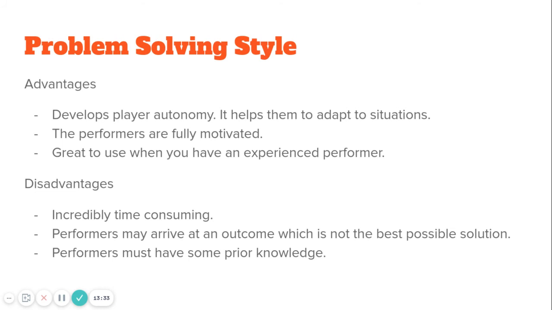And it might mean that in the short term, they'll get found out. So you need to make sure that the fundamentals, the foundations of knowledge are there before you really go into problem solving. Performers must have that prior knowledge. If they don't have it, it can end up in your lesson being unsuccessful.